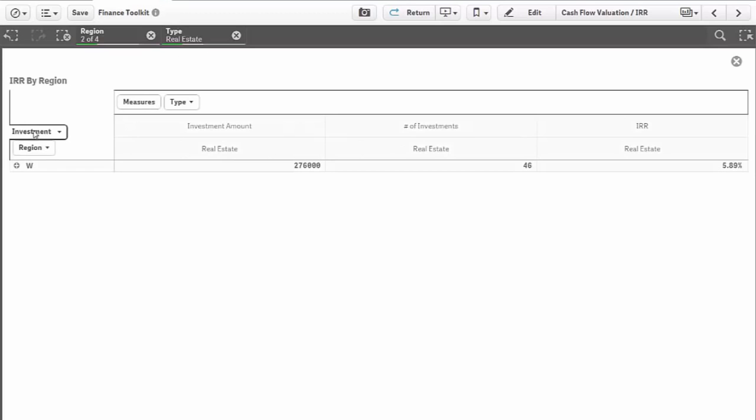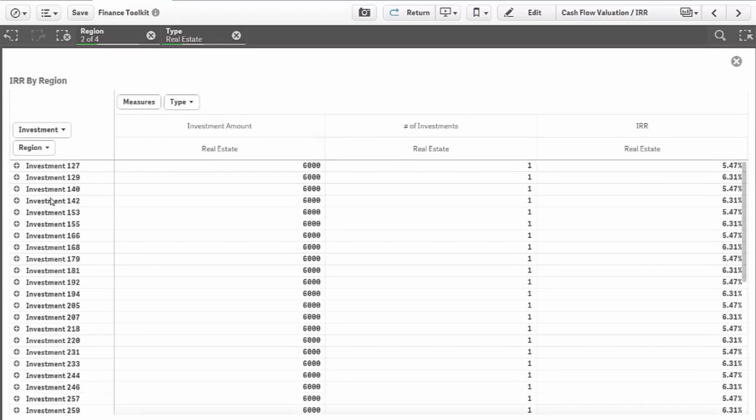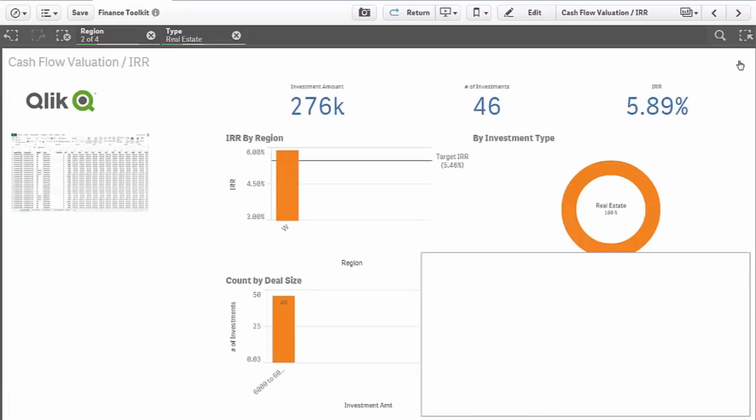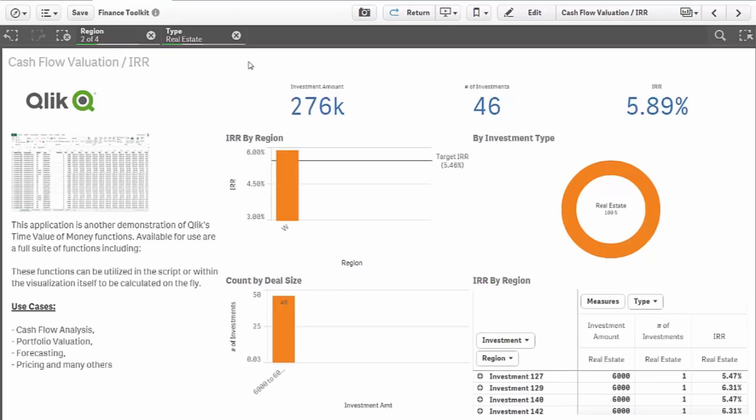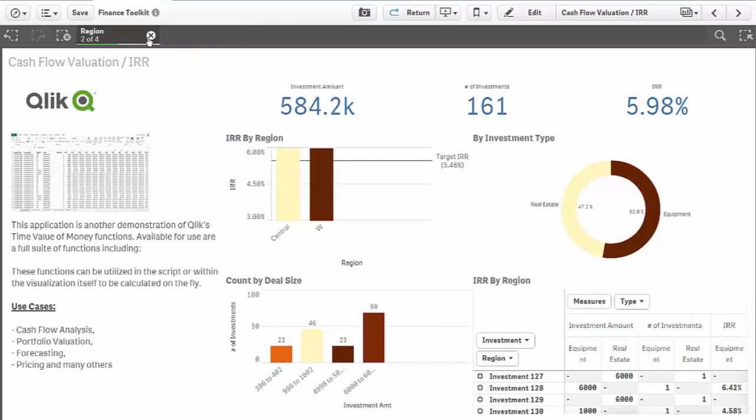At any point, I can flip it over and look at every single one of those investments. In this particular case, I don't have a lot of variation in the amount of the investment itself, but I do have some variation in the actual rates. Drilling to detail, bringing all the detail in, allows me to cycle through any view of the data that I choose.